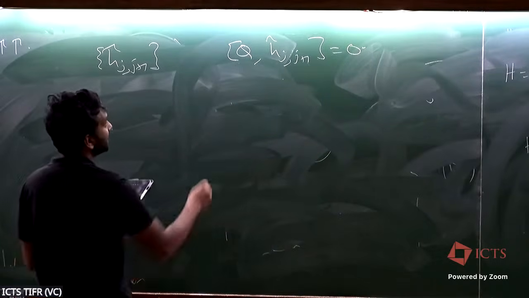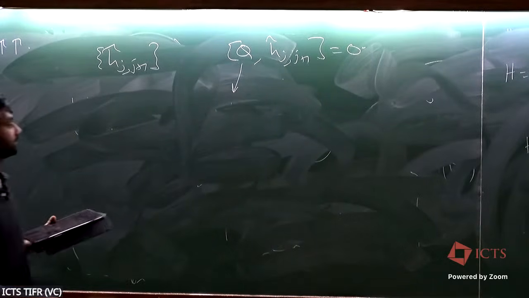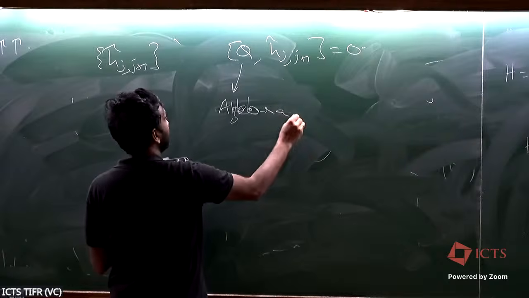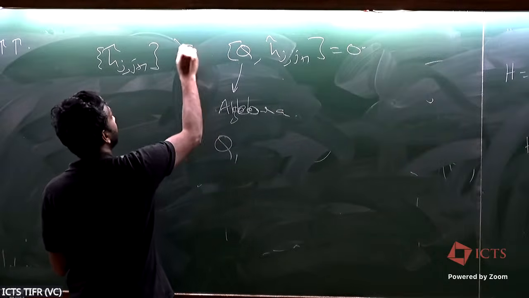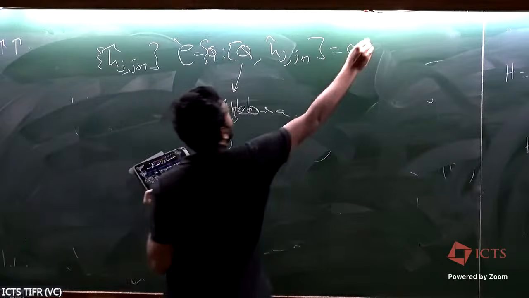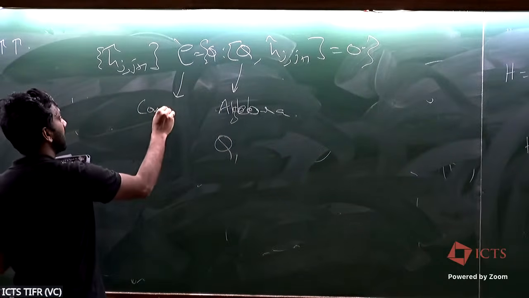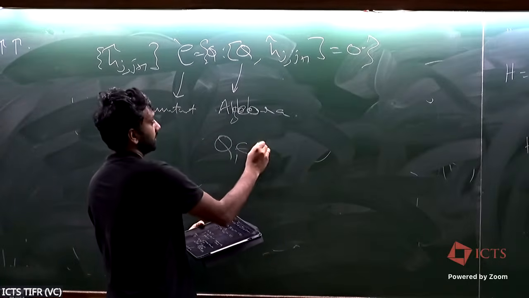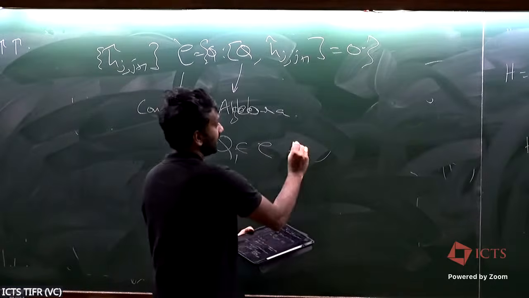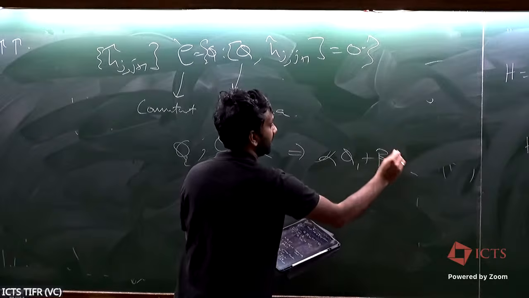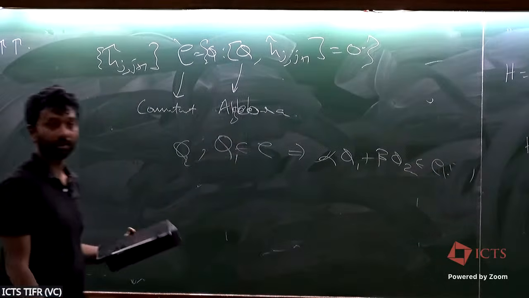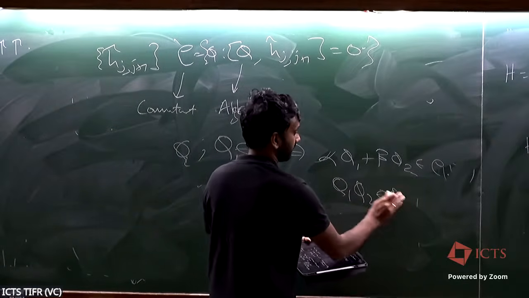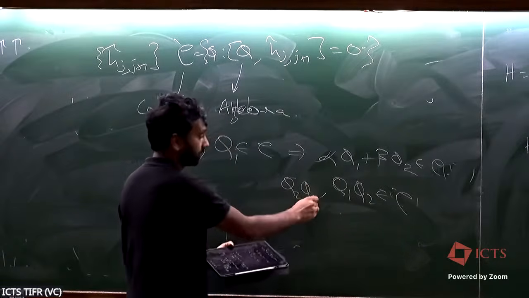And this set of operators forms an algebra, which I will refer to as C, the commutant algebra. If I take two operators in this algebra, Q1 belongs to C, Q2 belongs to C, then any linear combination will belong to C. And also any product, which is the algebraic structure, Q1 Q2 belongs to C, and Q2 Q1 belongs to C.